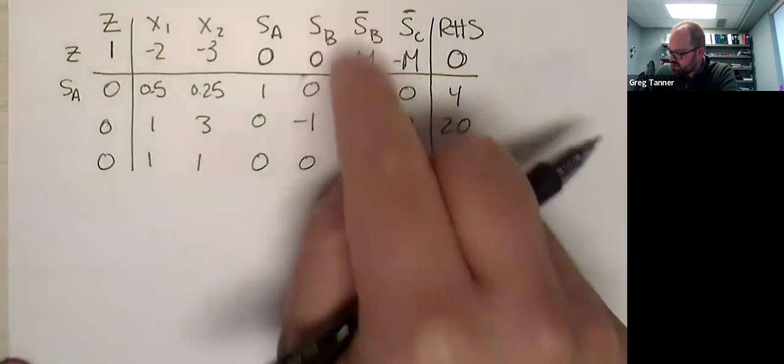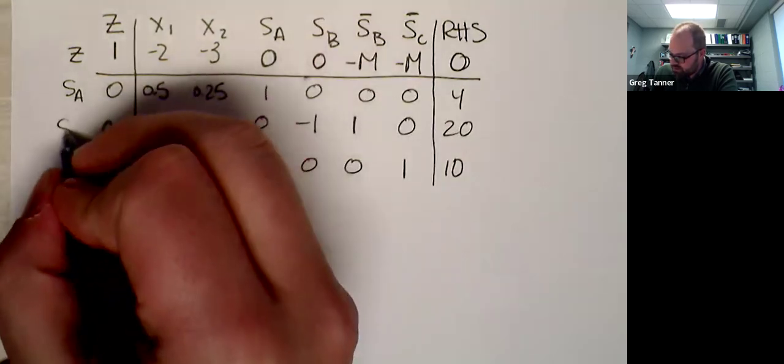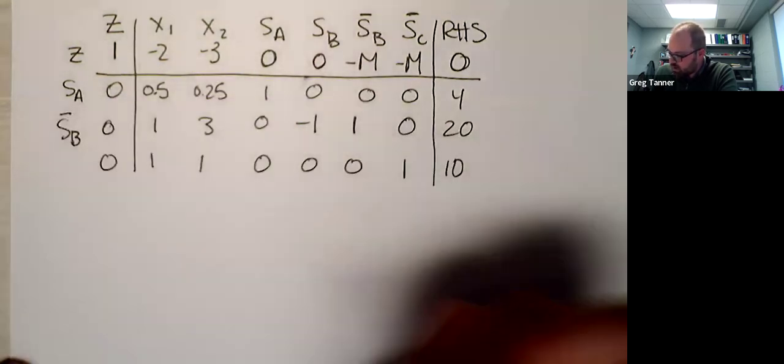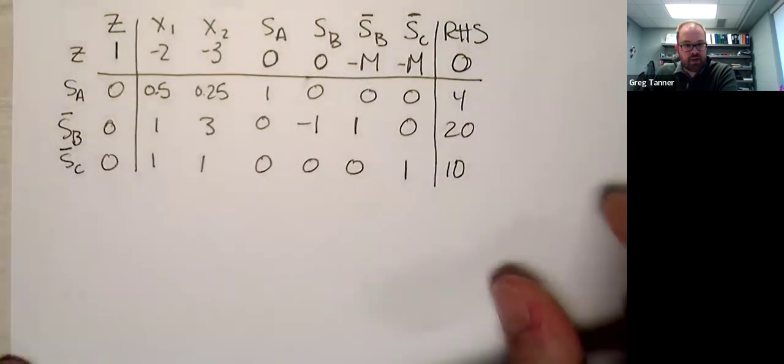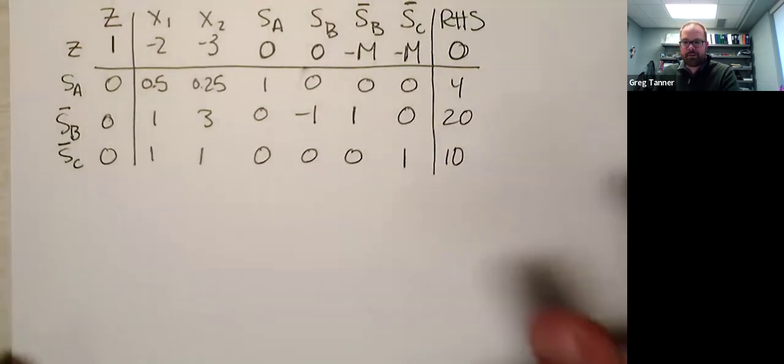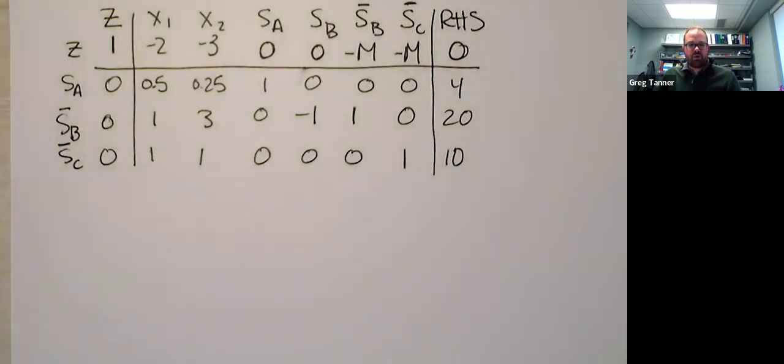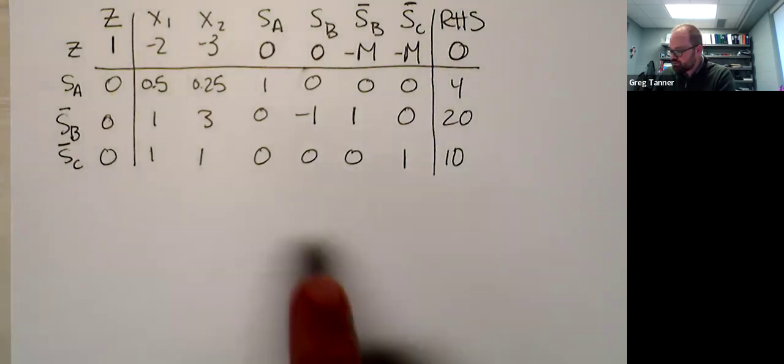So instead, I'm going to choose the artificial variable SB bar, and for the last one, SC bar as my third basis. The rule of thumb for your initial basis is that you choose slack variables for less than or equal to constraints and artificial variables for greater than or equal to constraints, or equality constraints as well.